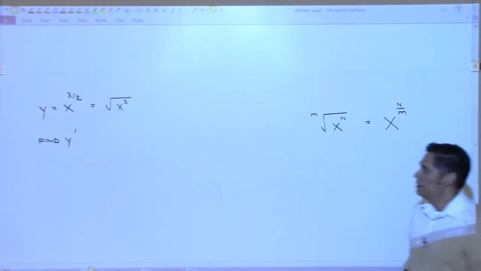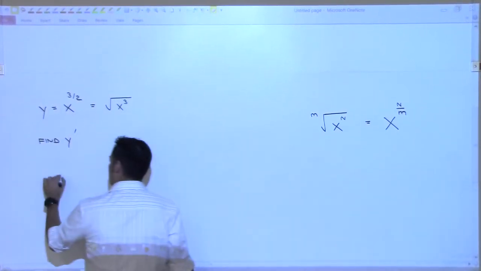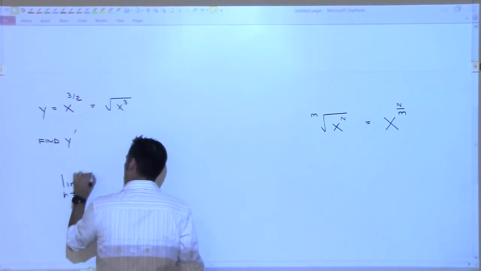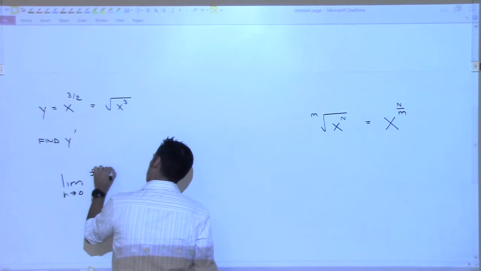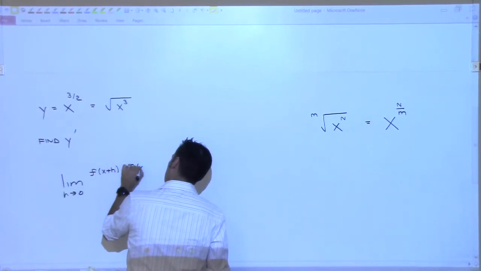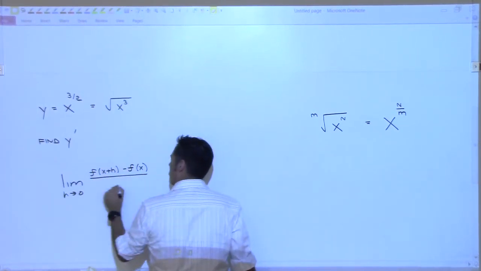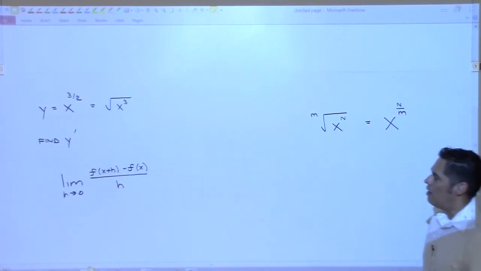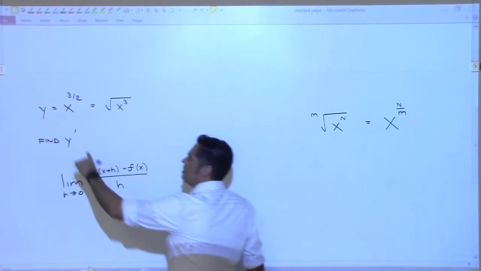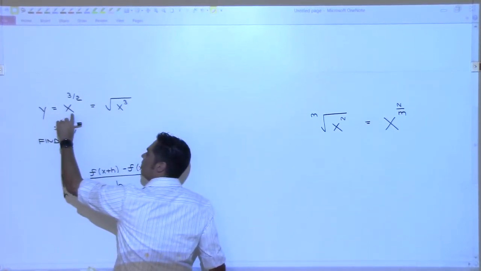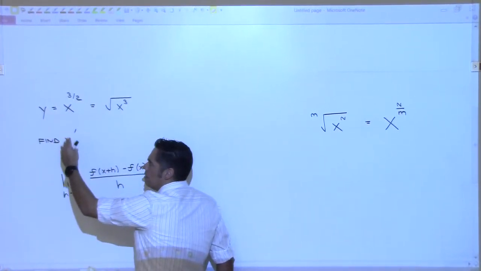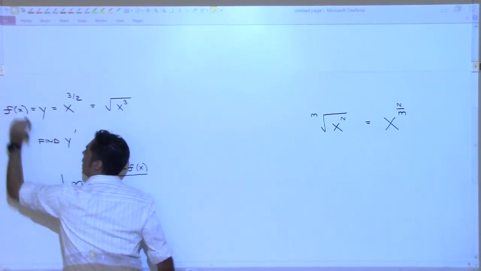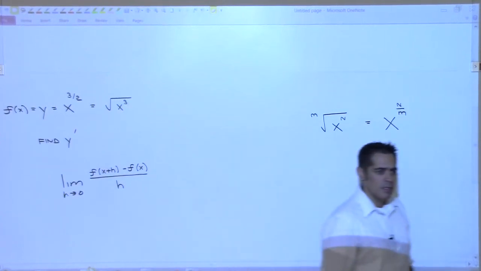To do this, I need to do the limit as h goes to 0 of f of x plus h minus f of x all over h, like that. Now, up here, I defined y equals this. I don't have f. You have to understand that this y is really a function of x.